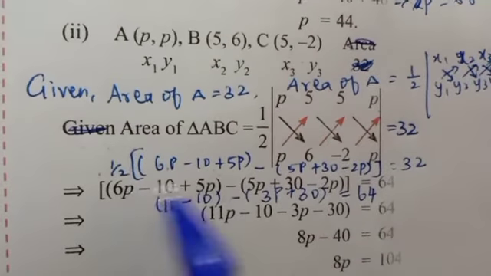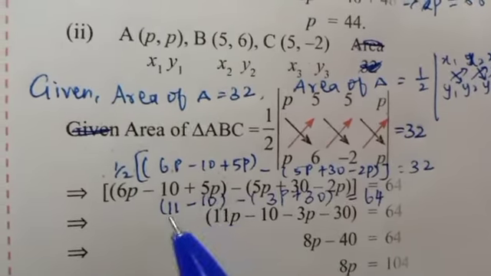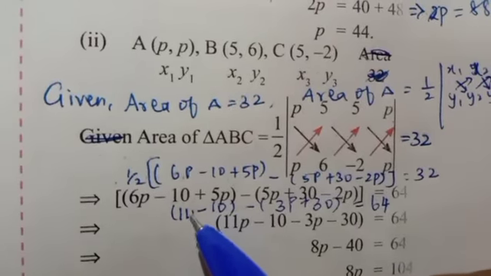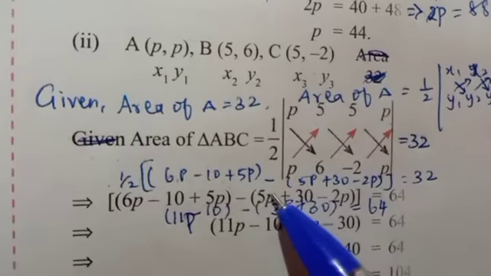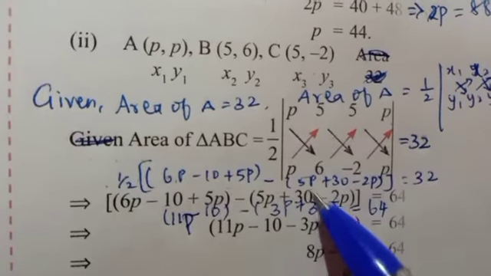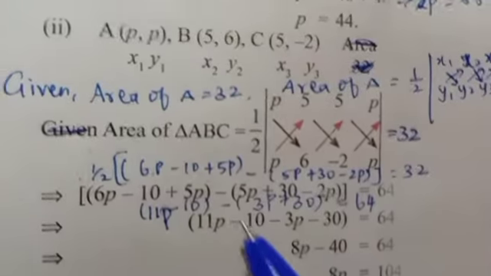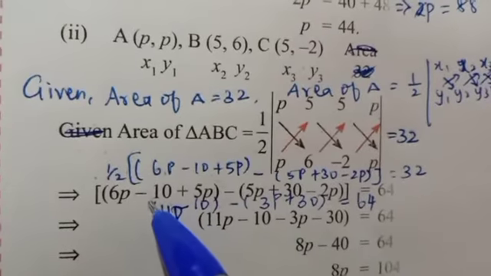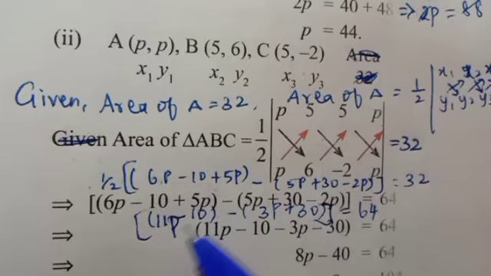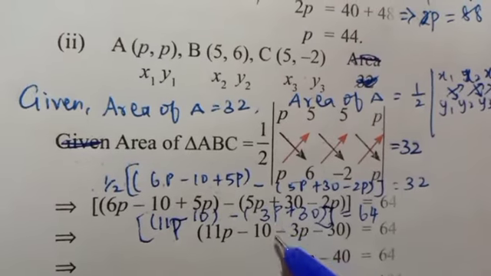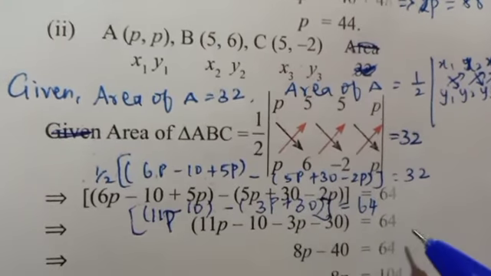Simplify these two: 3p plus 30 is equal to 64. Now you have to remove the bracket: 11p minus 10 minus 3p minus 30 is equal to 64.